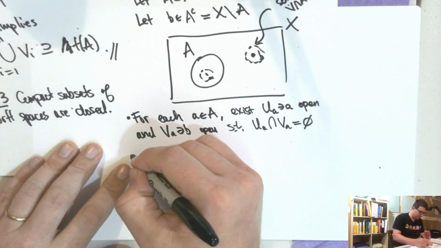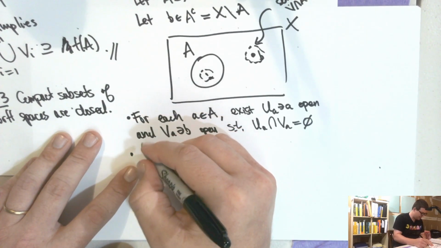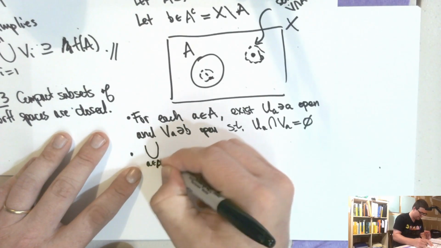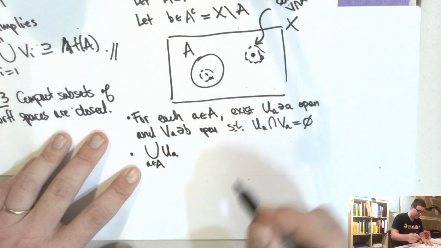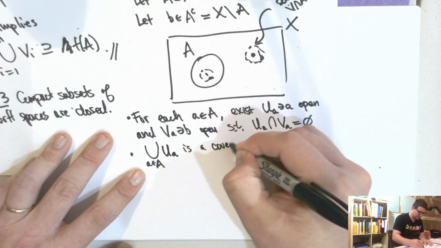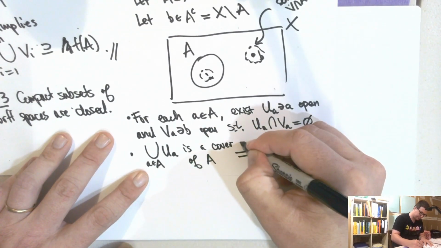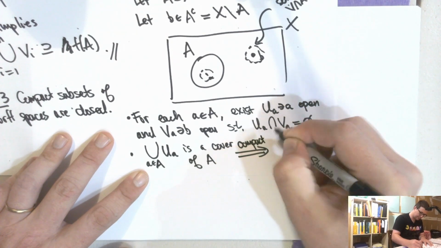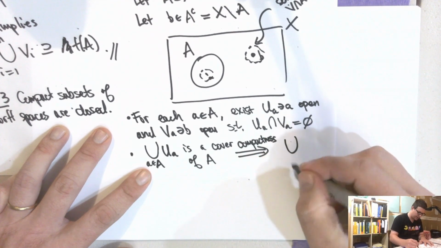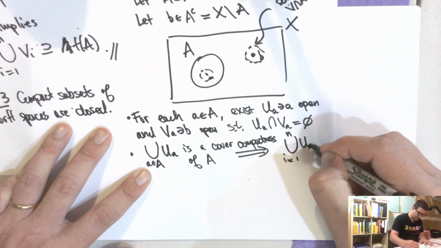Now we note that the union over a in A of U_a, if we take all of these U_a's, is a cover of A. And so by compactness, there's a finite subcover, for i equal to 1 up to n, U of a_i.